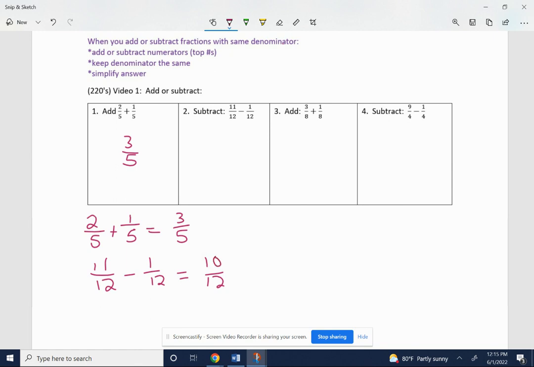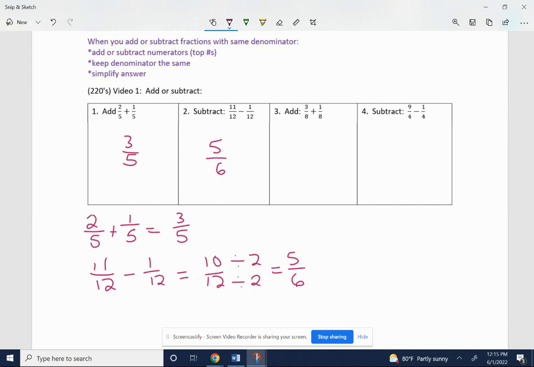Now we do need to make sure it is simplified. 2 will divide evenly into 10 and 12, so we need to divide the top and the bottom by 2. 10 divided by 2 is 5. 12 divided by 2 is 6. So 5/6 would be your final answer for that problem.